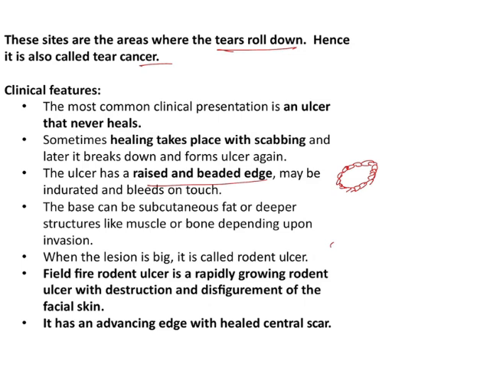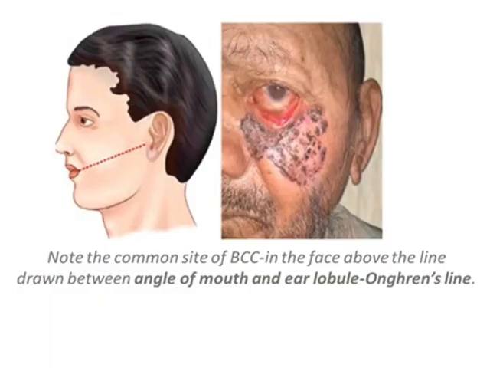Why is it called a rodent ulcer? Because it burrows into the skin entirely. That's why it's called rodent ulcer. Rodent ulcer is a rapidly growing ulcer with destruction and disfigurement of the facial skin. It has an advancing edge with a healed central scar.